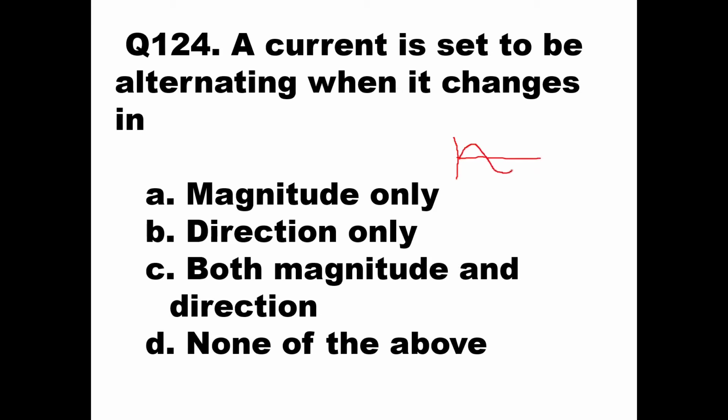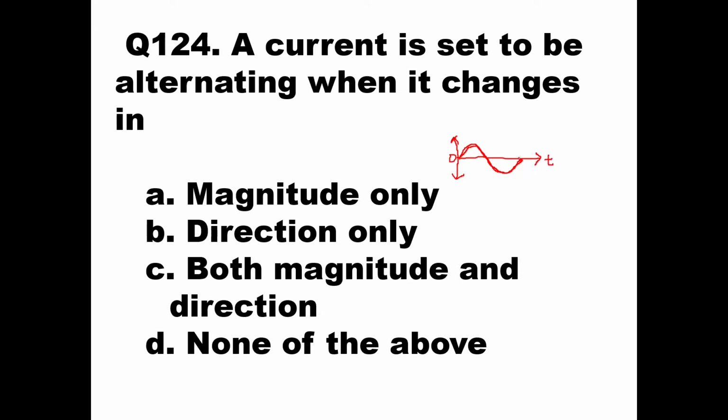Every time along the time, you can see that the magnitude and direction both change. Magnitude and direction both change in the positive half cycle also and the negative half cycle. If you take the instantaneous value, the value of the amplitude and the direction also change.